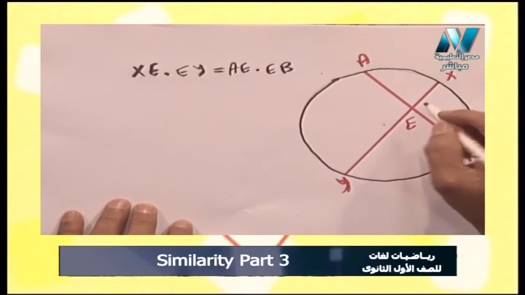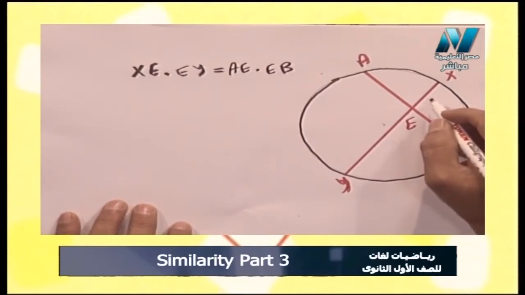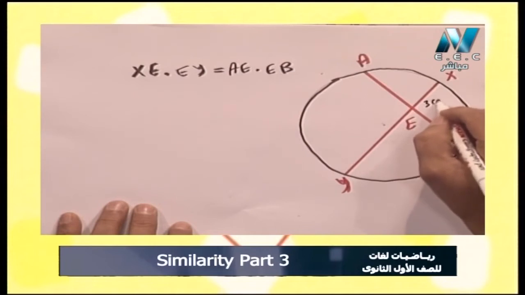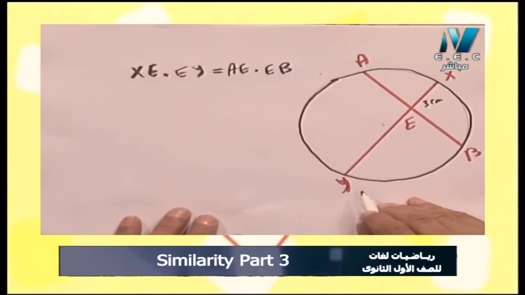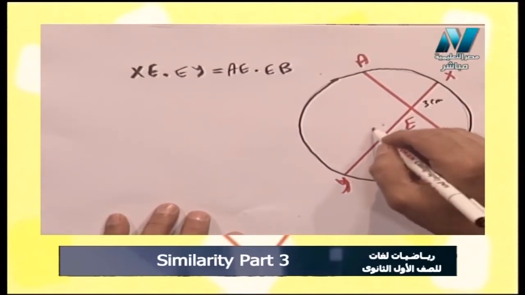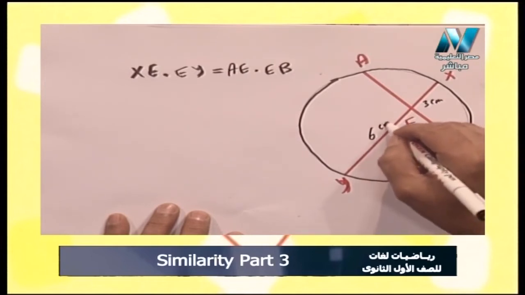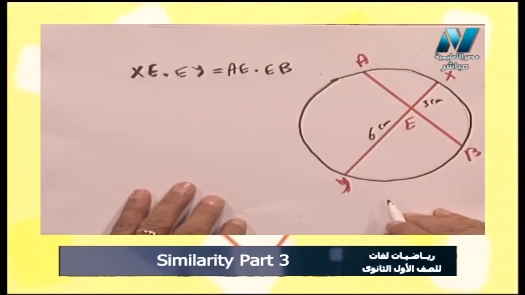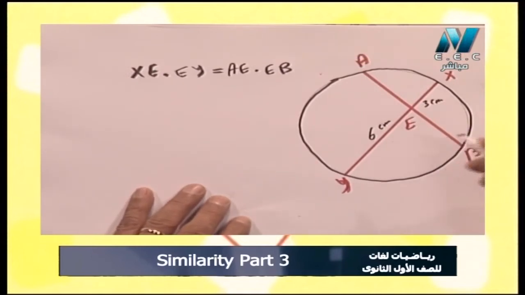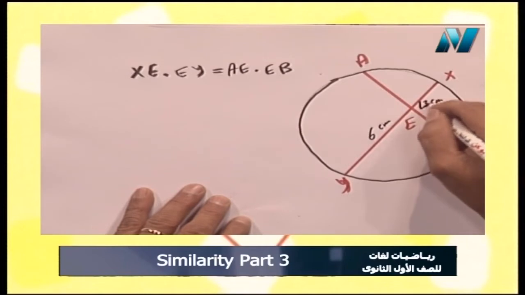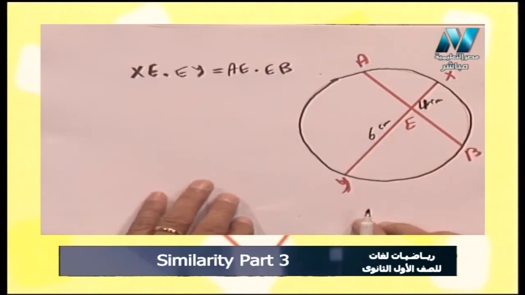If we have this one equal 3 centimeters and this one equal 6 centimeters, and we have EB equal, okay, we can change. We have 4 and 6.